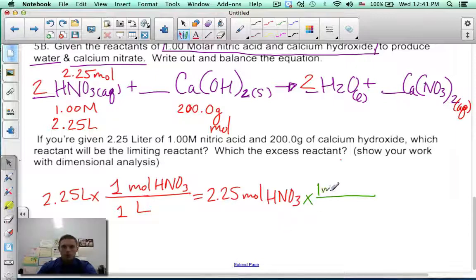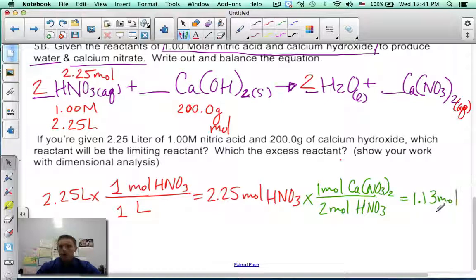So if I have 1 mole of calcium nitrate for every 2 moles of nitric acid, then 2.25 divided by 2 is 1.13. So it's 1.13 moles, and I believe it's 1.125. I think my calculator has gone through a weird little rounding mode. I got to get it off of that. So I have 1.13 moles of, not nitric acid, but of calcium nitrate.